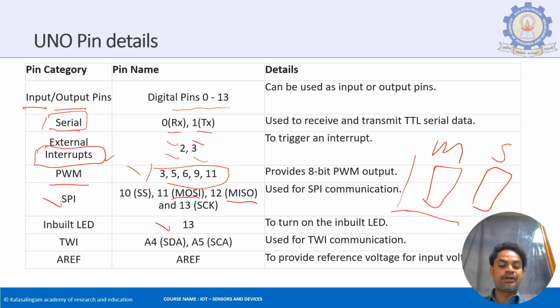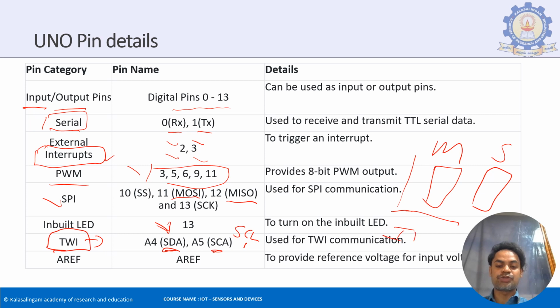Then you have an inbuilt LED to check whether your blinking program, the basic one that we normally do, is working, to check whether your controller is working fine. Then you have the two-wire communication protocol, TWI, which uses SDA and SCL. SCL is your serial clock, and SDA is for the data. This is the most commonly used communication protocol.